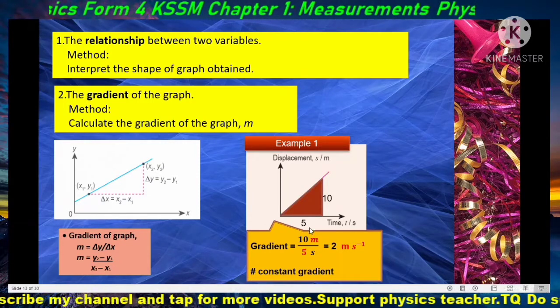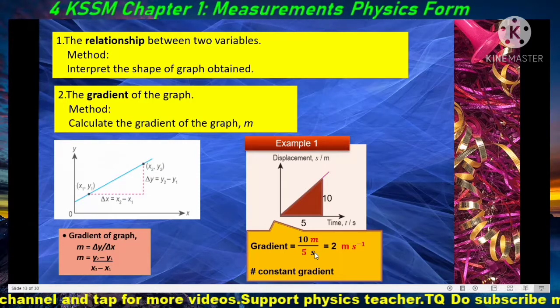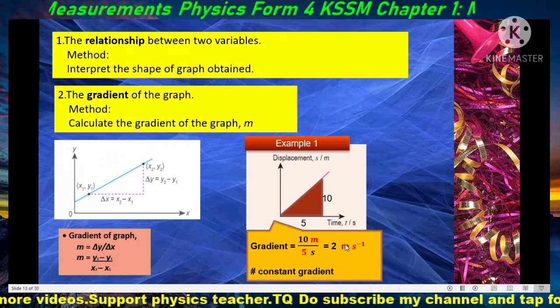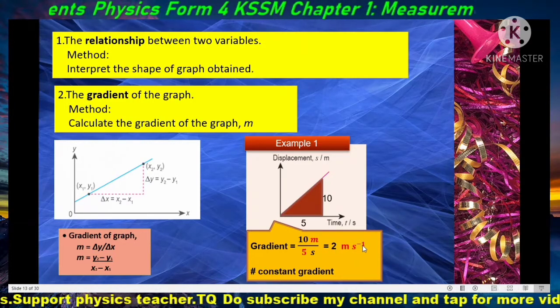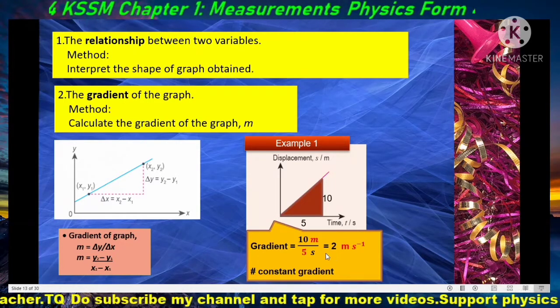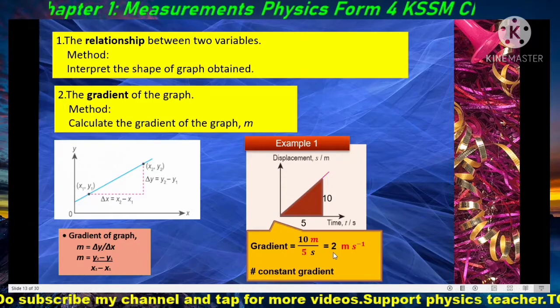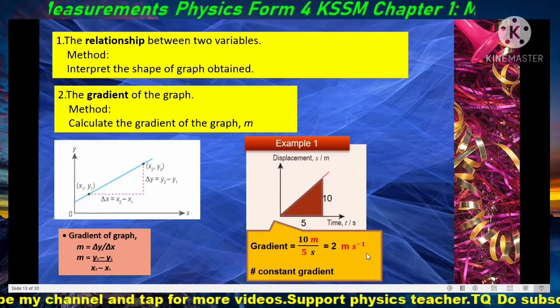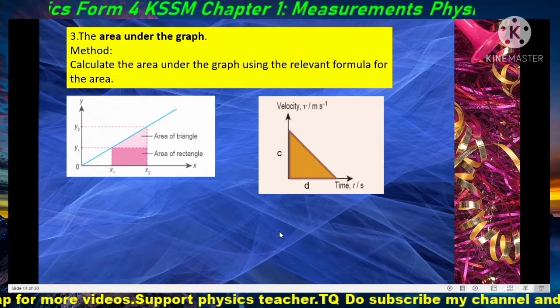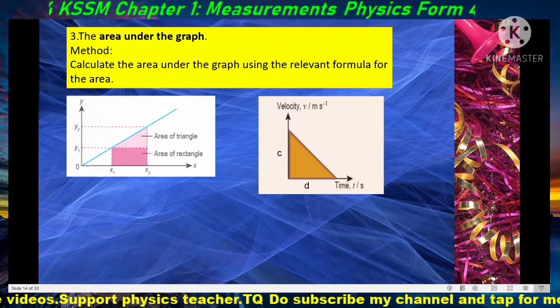For 5 here, the unit is second, 5 second. Simplify, so we get 2 meter second to the power negative 1. So you can see the final answer must have a correct value and unit. Okay, so it's very important for you all to state the answer correctly with unit.